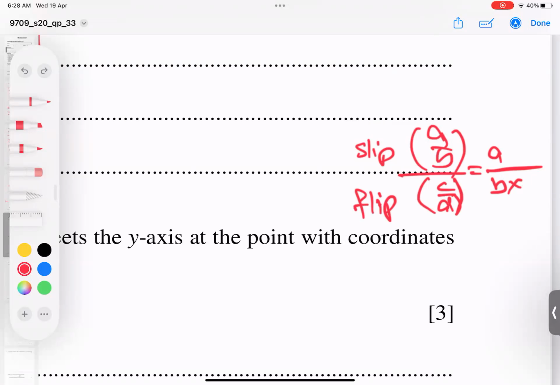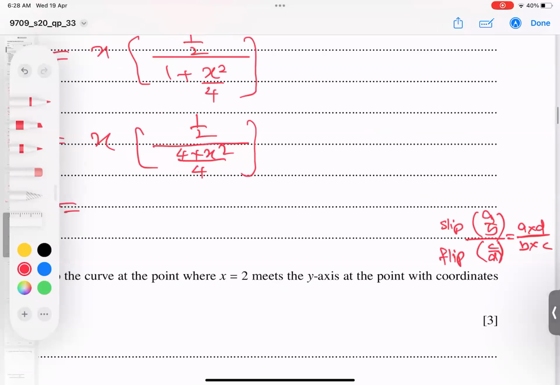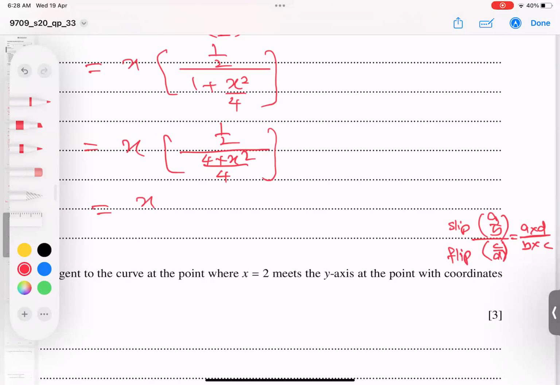So D will go up, C will not move anywhere. Same story I will apply here. So this 4 plus x square will not move anywhere. And 1 by 2 flips: it is 1 here and 2 will come here. And this 4 will go in the numerator. So then it's simplifying, I get the short form 2x over 4 plus x square.